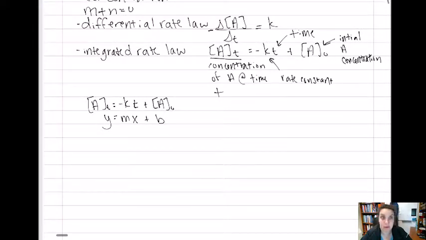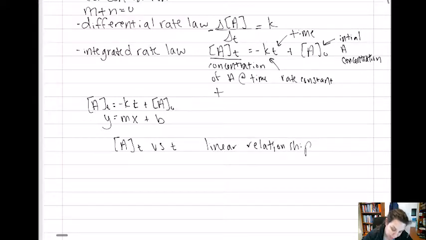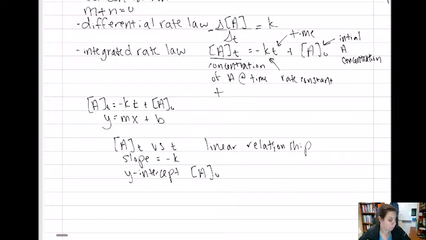Okay, so looking at this, if we take A at time t versus t, we get a linear relationship where the slope is equal to negative k and our y-intercept is A naught.